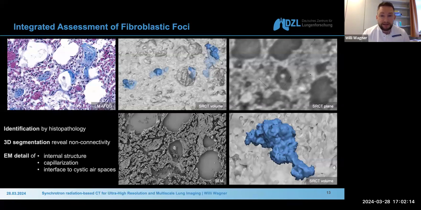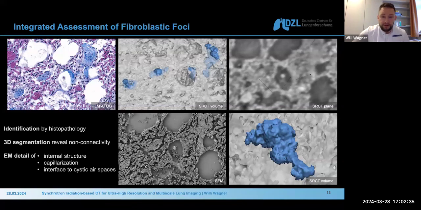These are the bad guys that are creating the stiffening of the lung and the laydown of an excess amount of connective tissue within your organ. So far, they have only been studied in mouse models in 2 dimensions.